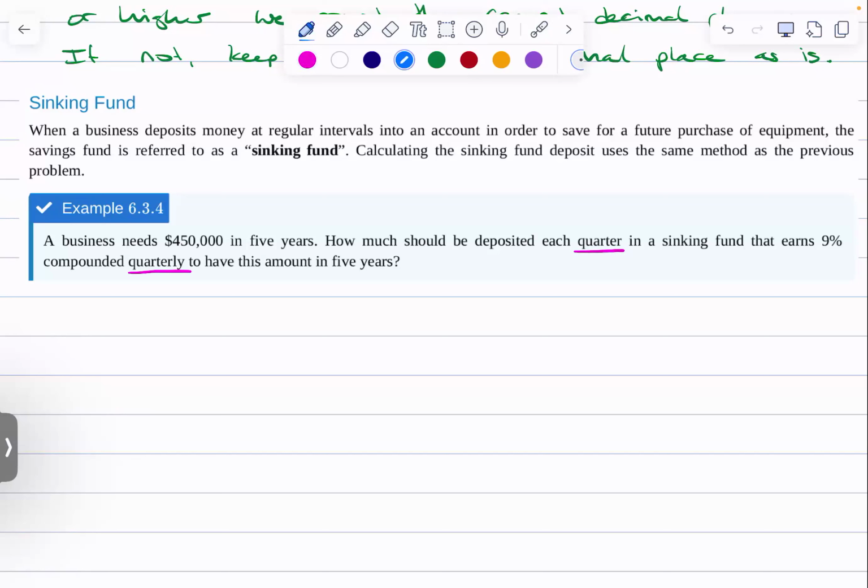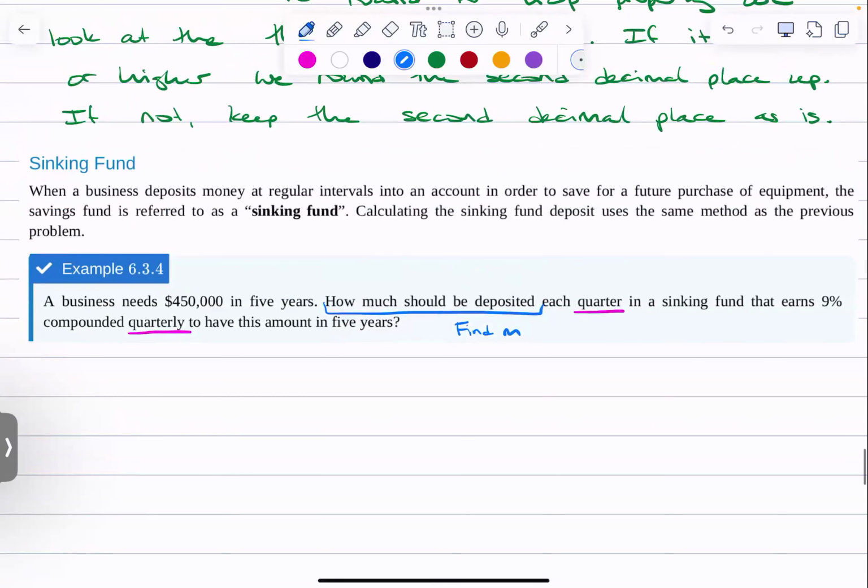And how much should be deposited? We want to find M again. Here, a sinking fund is really solving for M, which we did earlier as well. Just a fancy special case.